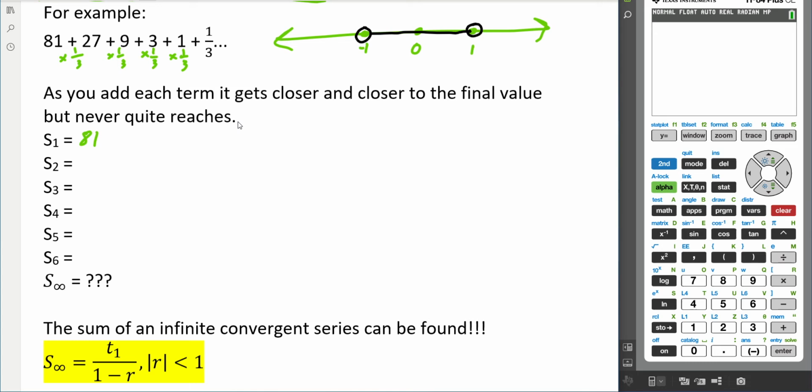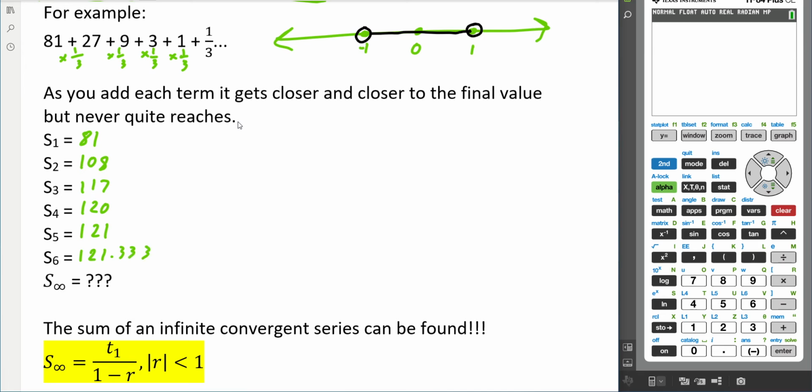81 plus 27, that's 108. Plus 9, so 117. Plus 3 is 120, plus 1 is 121, plus a third is 121.333.